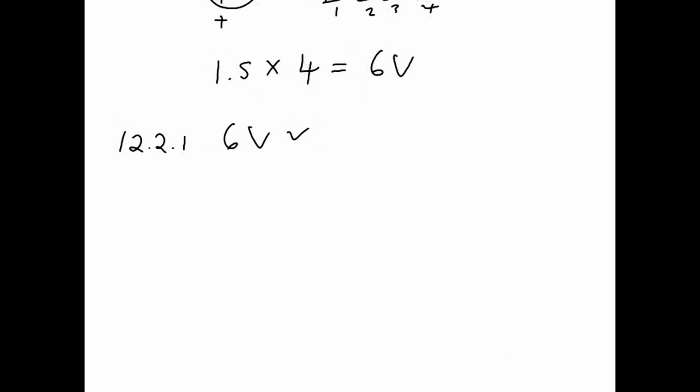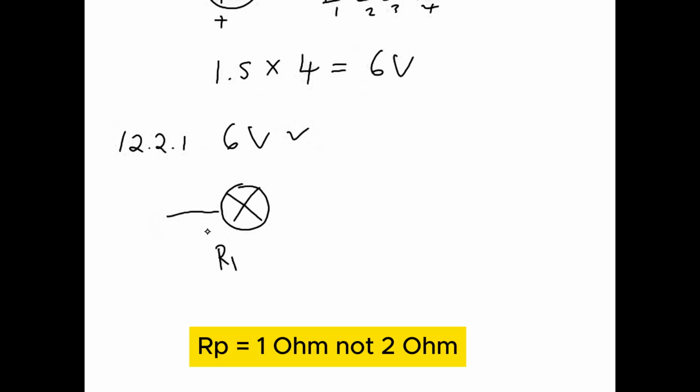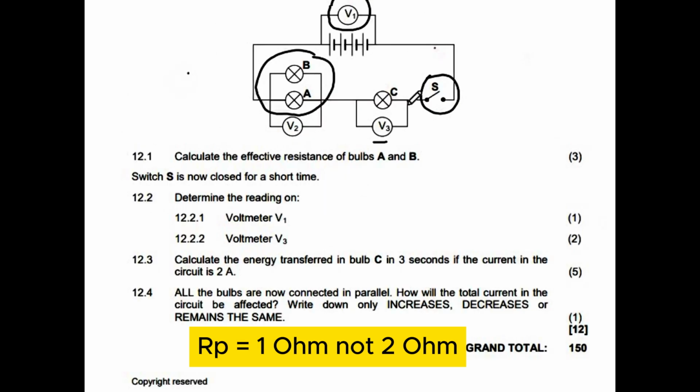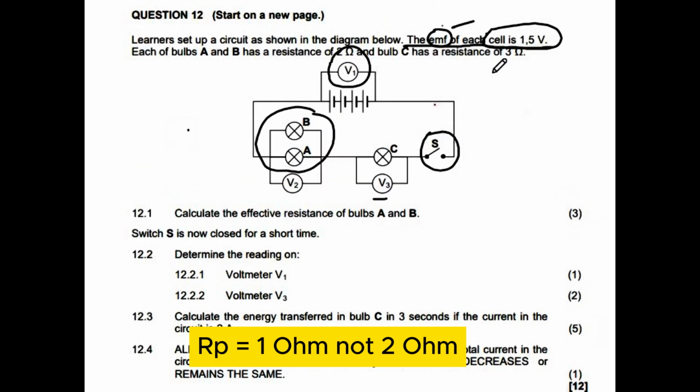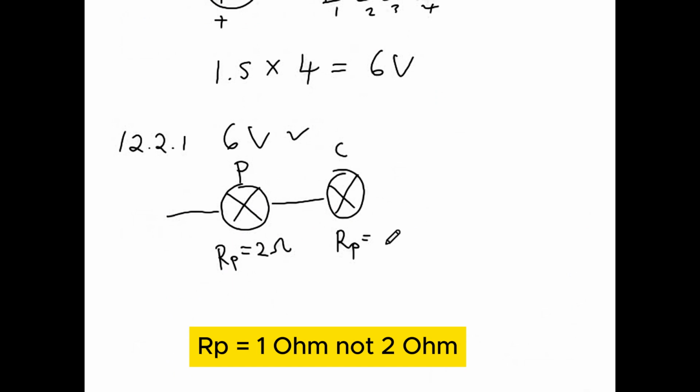To answer this question, we need to remember, I said to you, we can replace the light bulbs A and B by one light bulb, which we determined its resistance to be Rp equals 2 ohm. And this light bulb P is connected to light bulb C, which is in series. And the resistance of light bulb C, how much was it? In the question, it was given to us as 3 ohm. So Rp, I am lying.